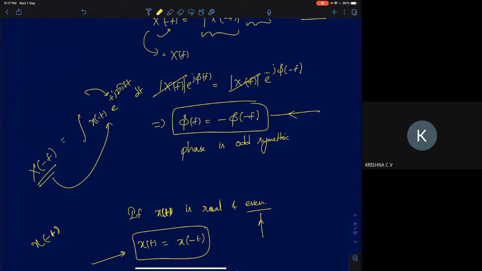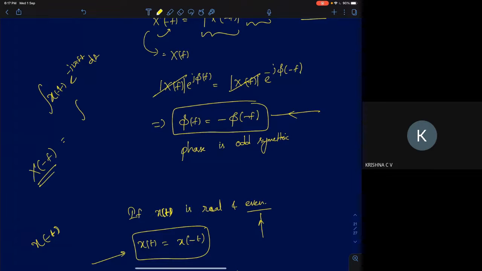Just make a substitution x of minus t, you'll get this expression. You can readily show that. So if you're asked to find the Fourier transform of x of minus t, you can immediately show that will be equal to X of minus f. So compute the Fourier integral x of minus t e power minus j 2 pi f t dt. This is your Fourier integral. All you need to do is make a substitution t as minus t.